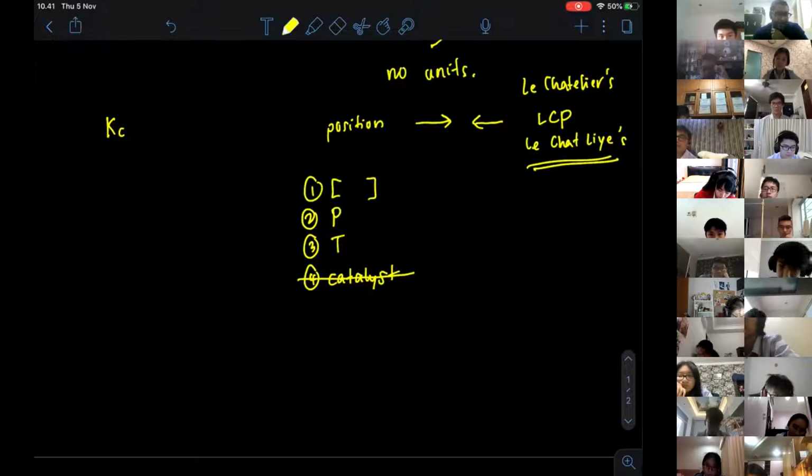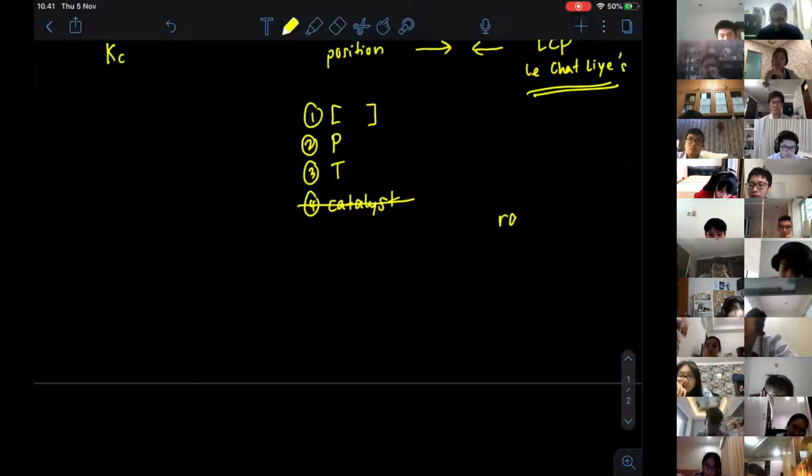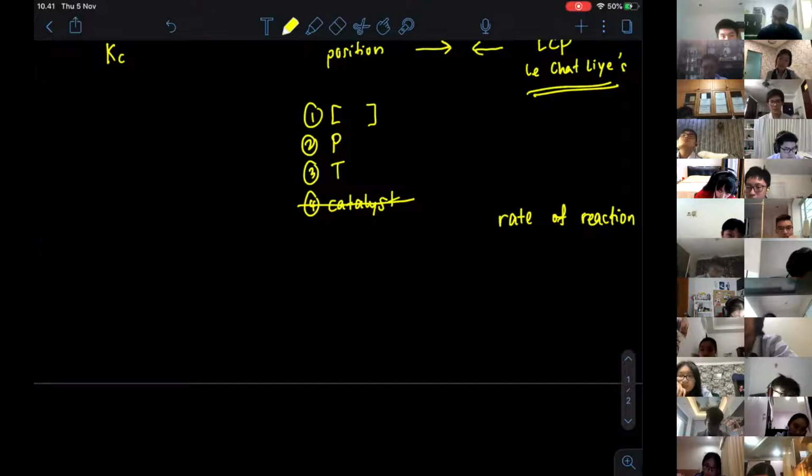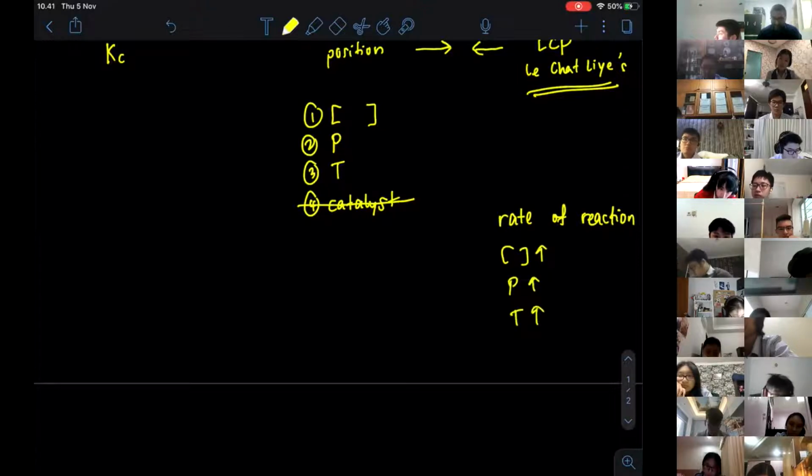But do not forget, we have also learned rate of reaction. If you look at the rate of reaction, when the concentration is high, pressure is high, temperature is high, generally the rate of reaction is going to be higher.